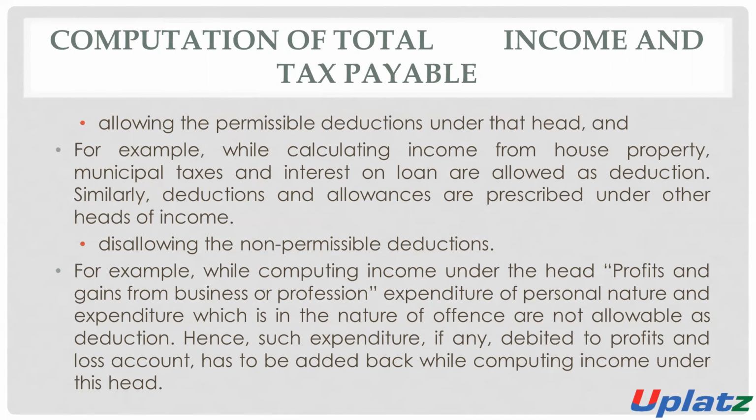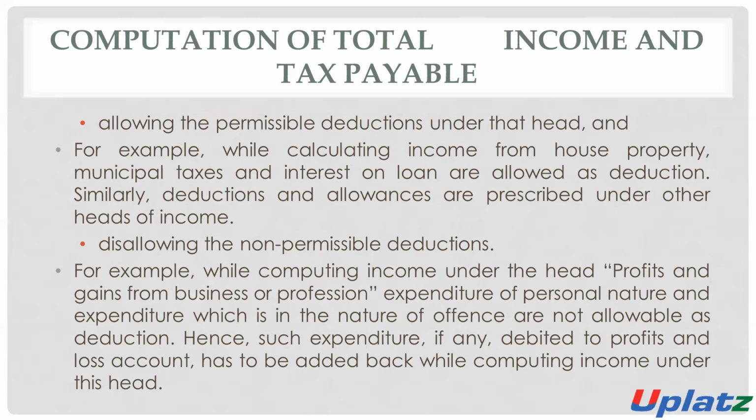Just for example, we have calculated the amount of income which will be taxable under the head of PGBP. Under the head of PGBP, if these expenditures are as per the provisions of the PGBP head and are related to the business, then they will be eligible for a reduction. But if there is a personal expenditure, then the reduction in respect of such personal expenditure is not available.